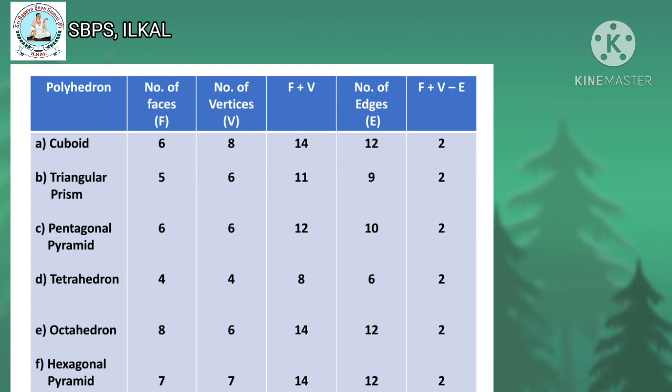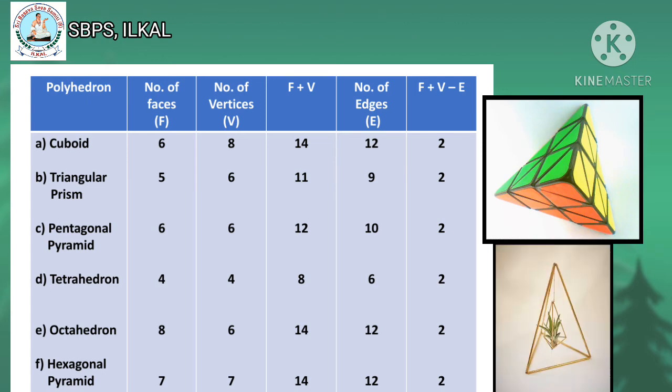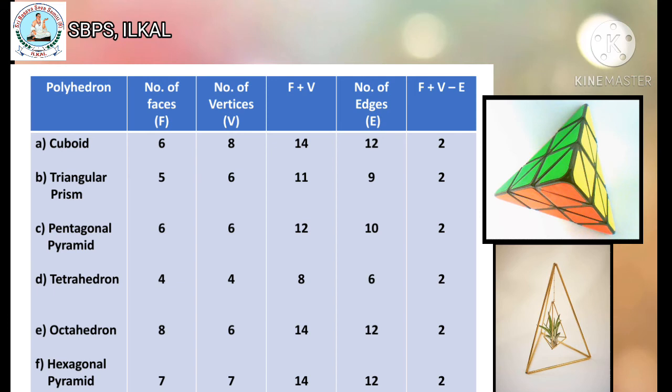Now we are going to consider the next polyhedron, that is tetrahedron. Tetrahedron has 4 faces, 4 vertices. Then 4 plus 4 is equal to 8. That is number of faces plus number of vertices is equal to 8. Number of edges is equal to 6. 8 minus 6 gives 2. That is F plus V minus E is equal to 2. Euler's formula holds good.